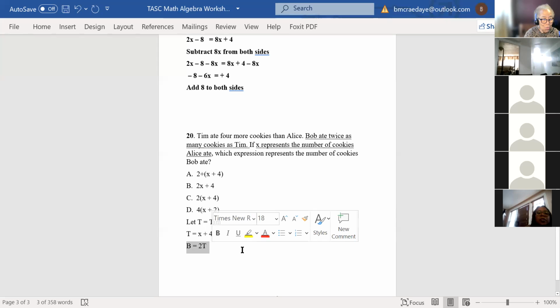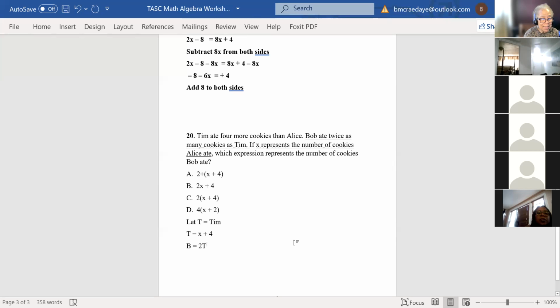Now you want to find Bob. If Bob is 2T, Vanessa, T is this value. Multiply 2 times this value. You follow it? Yeah, I got it.